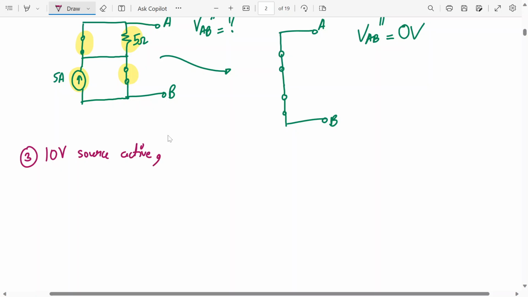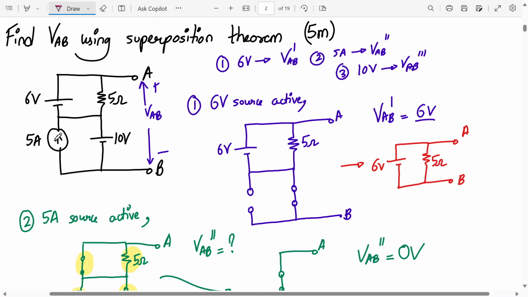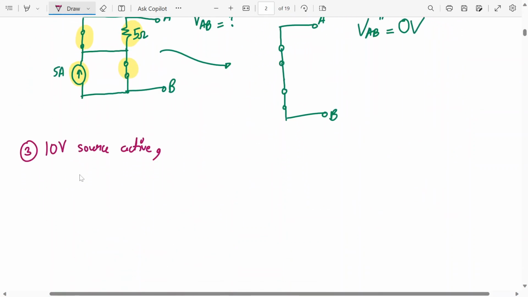Okay, so this 6 volt and 5 ampere will become deactivated. The 6 volt voltage source will get deactivated. Current source will become open circuit. Then we have a resistor of 5 ohm over here, and then we have a 10 volt voltage source over here.